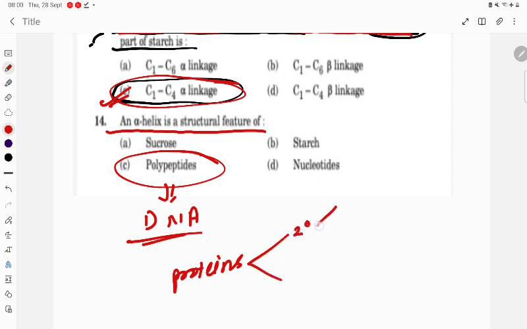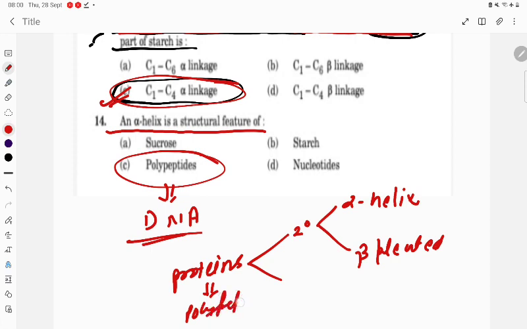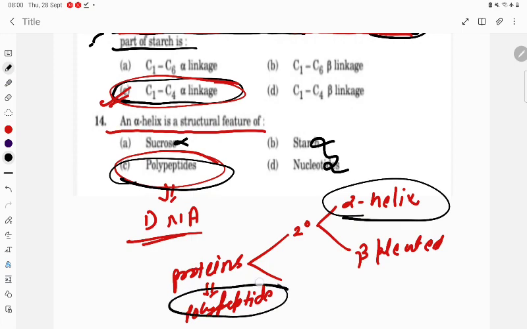When you study secondary structure, two types are there: the alpha helix structure and the beta pleated structure. All proteins are polypeptides. So the correct option is polypeptide, not sucrose, starch or nucleic acid; these are all wrong. The alpha helix structure will be present in a polypeptide or protein. So the correct option is option C.